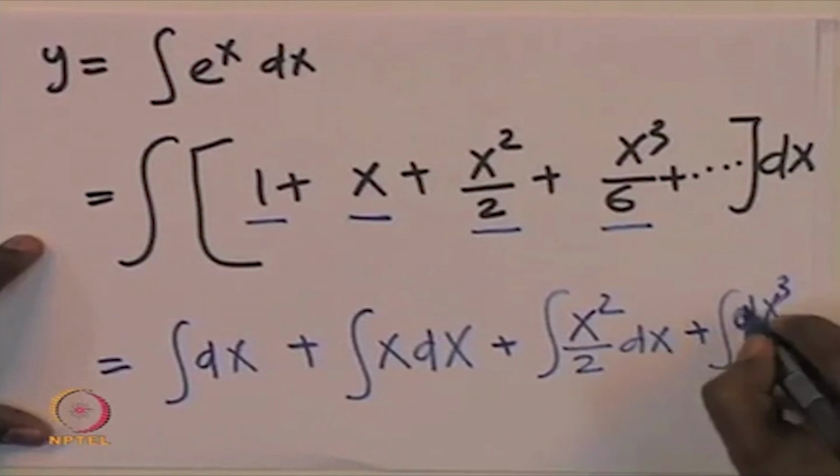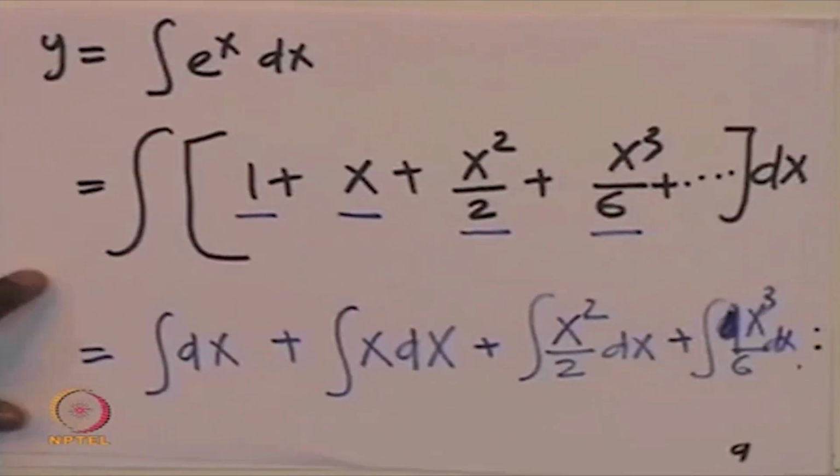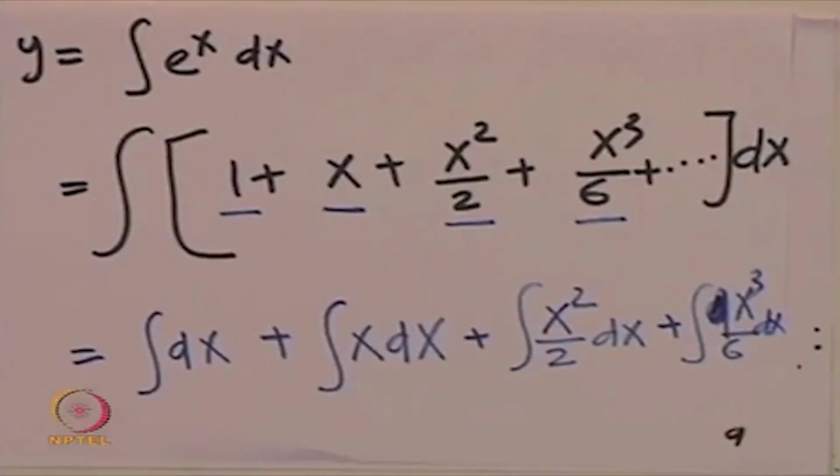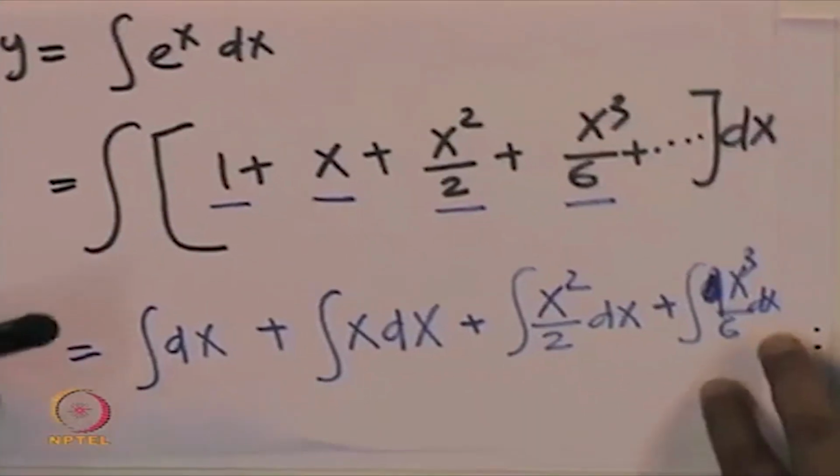So, these are the terms. If we find the integral of each of these terms, you will get the final answer. Let us have a look at what is the integral of each of these terms.